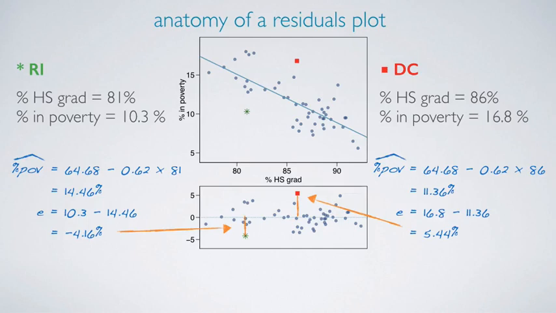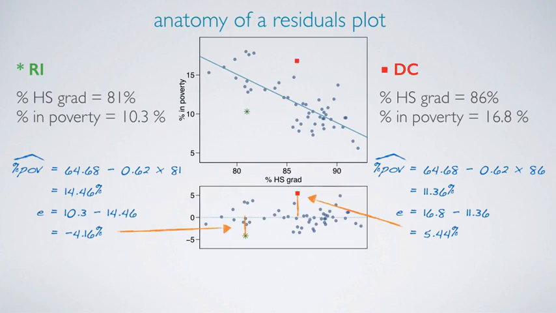The ideal residual would be 0, because that would mean that the data point falls exactly on the regression line and that there is no difference between the predicted and the observed values for that particular data point. With random chance, this is going to be unlikely to happen, but we like small residuals, and we want our residuals in the residuals plot to be randomly scattered around 0.